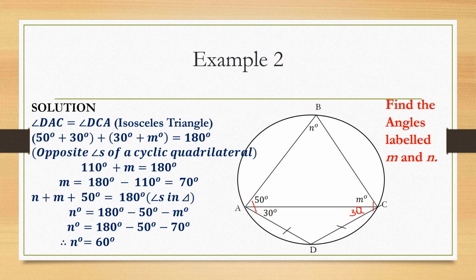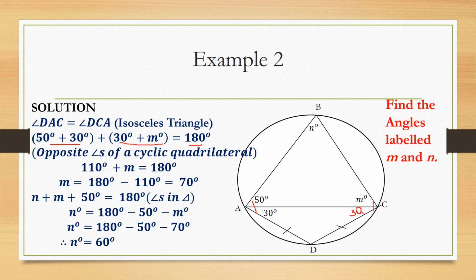They are opposite. So remember the cyclic quadrilateral, the opposite angles will sum to give us 180 degrees. So I have 50 plus 30 plus 30 plus M degrees, and that is equal to 180 degrees. Opposite angles of a cyclic quadrilateral.